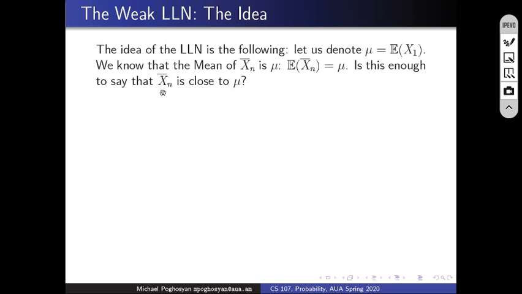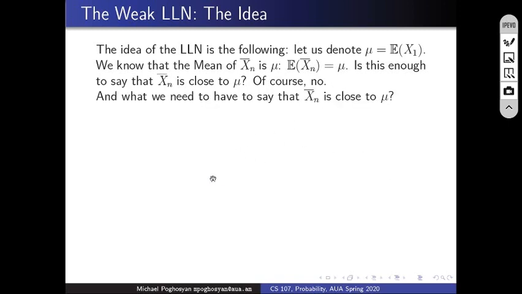Is this enough to say that Xn bar is close to mu? Of course, no. This is saying that the average of Xn bar is mu, but nothing about being close to mu. Well, we can have very far values with the mean mu.